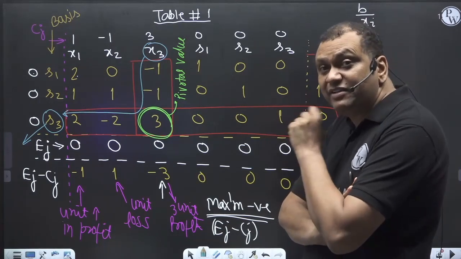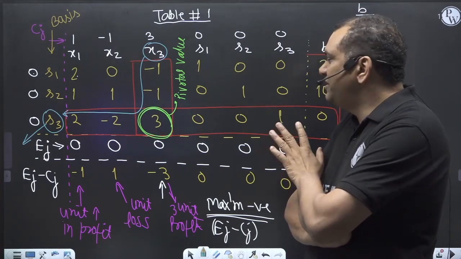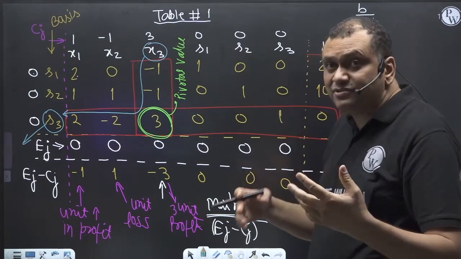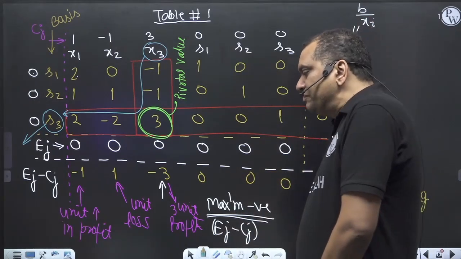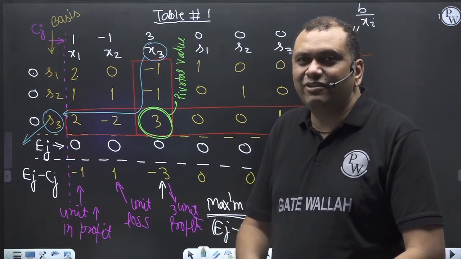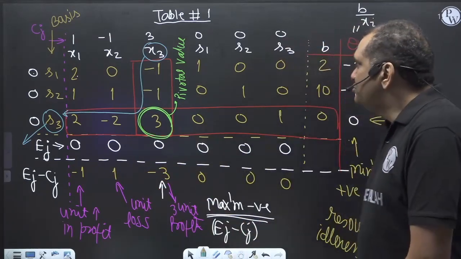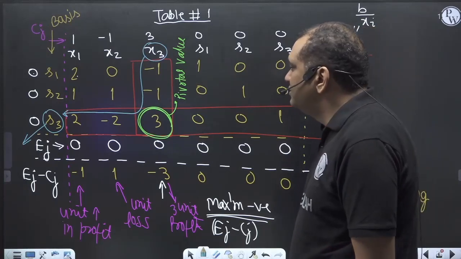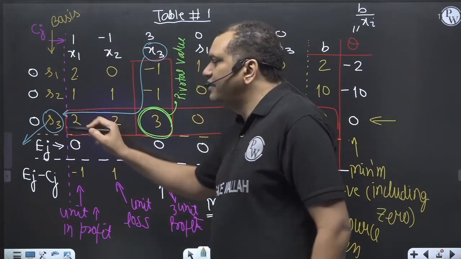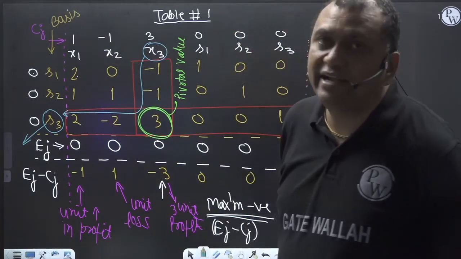That is my decision, a very, very important decision. So this is your table number 1. See, I am teaching you, so it is taking time. But once you learn the procedure, and you are all alone with your questions, it will be very fast. So in table 1, S3 is leaving the basis, and in place of that X3 is entering the basis.